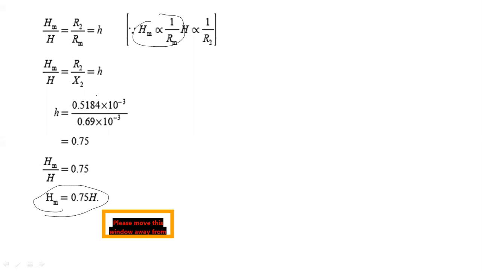From this, you have the change at Rm, where the value of X2 we have considered. So we have replaced it with Rm at the equilibrium position. At the thermal equilibrium, we take the charge resistance equal to the reactance of your secondary side. So we are just replacing by having the values.